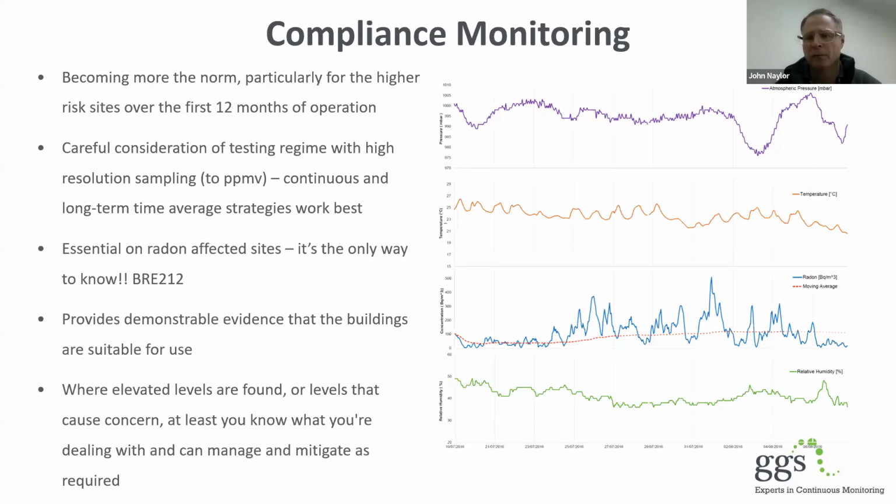That might be every 14 months, so you get a variation over time of seasonality, or it might be every 3 to 5 years, depending on what the use is. So again, it doesn't go away. Once the problem's there, it doesn't go away, generally speaking, with radon. And the maintenance of whatever you've done needs to be considered as well.